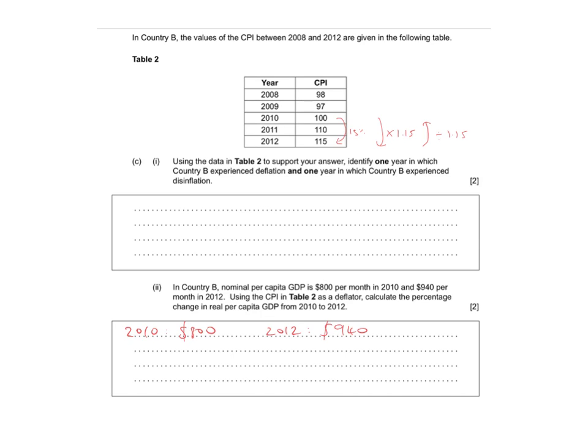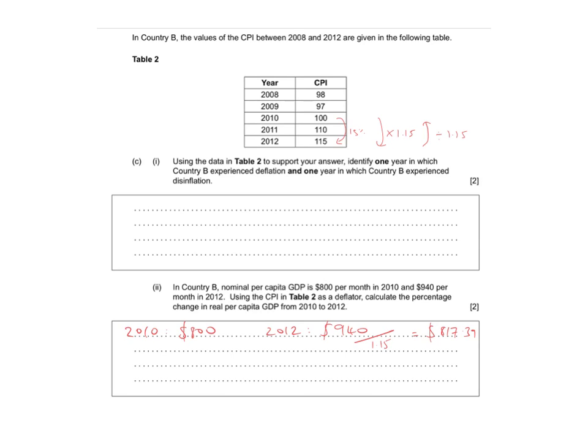Okay, so we can do that to our figure for GDP per capita of 940, divide it by 1.15, and that gives us a value of $817.39 per capita, and we have therefore converted that nominal value into a real value.